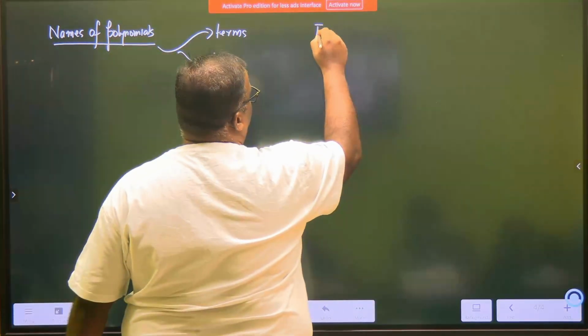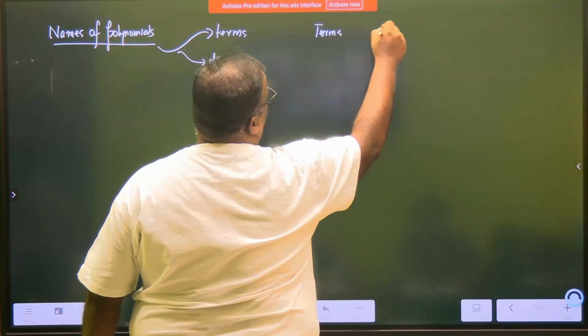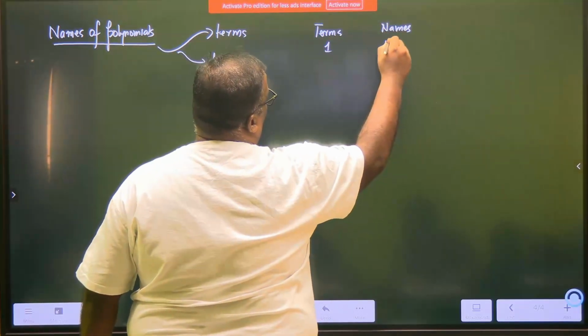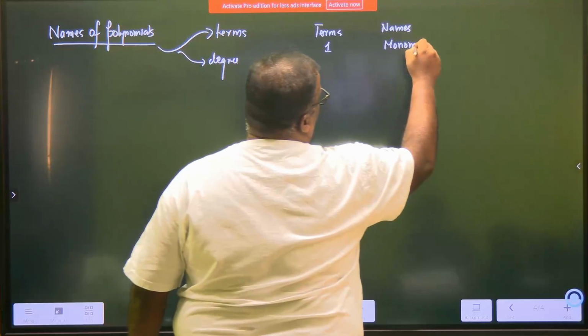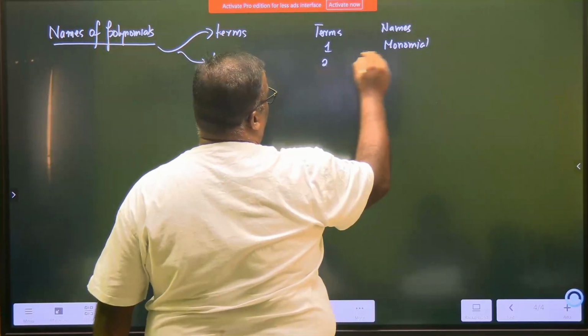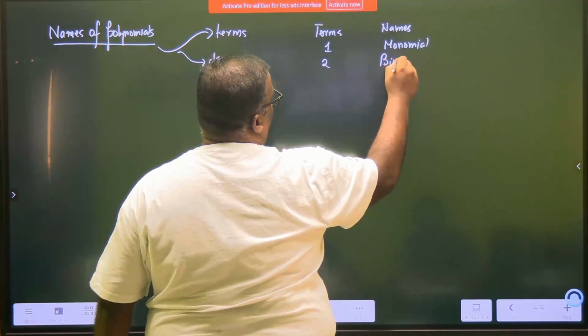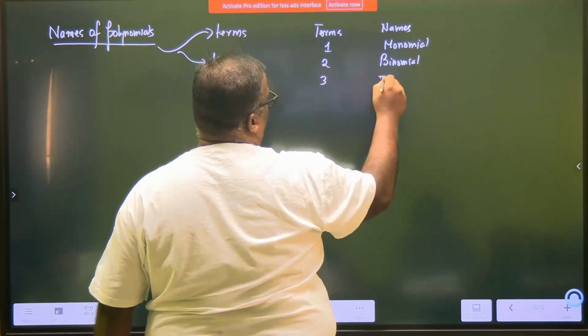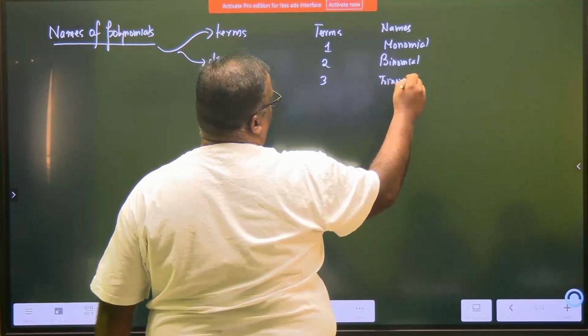So it's terms versus names. If your number of terms is 1, it's called a monomial. If your number of terms is 2, it is called a binomial. If it is 3, it is called a trinomial.